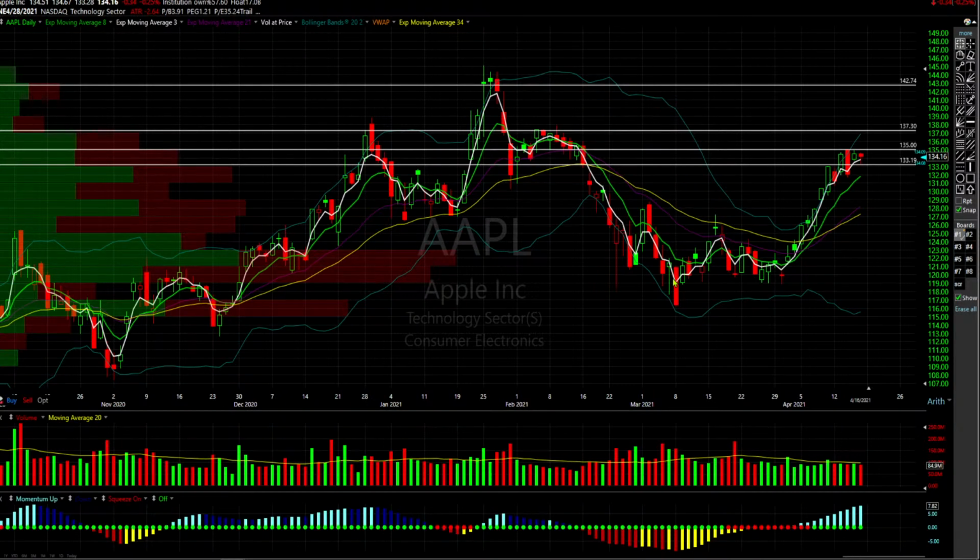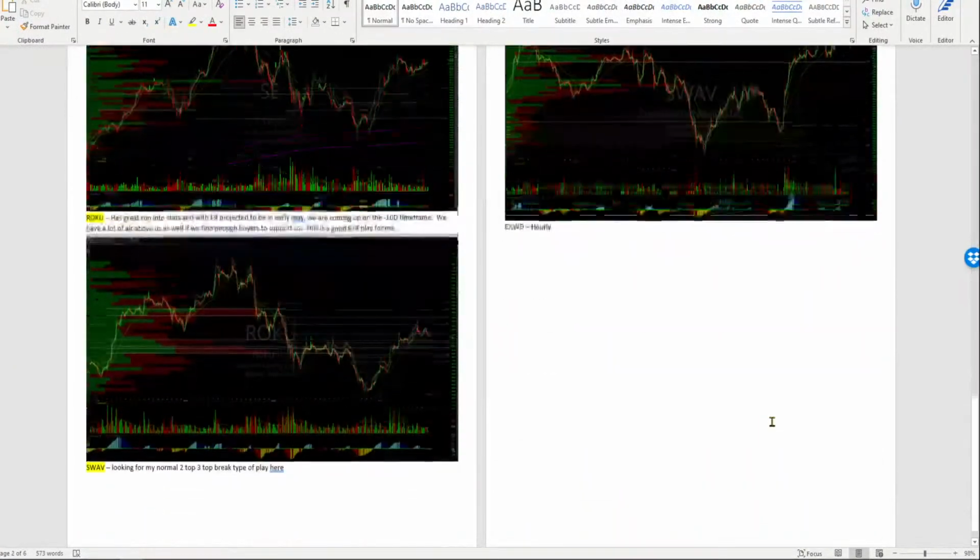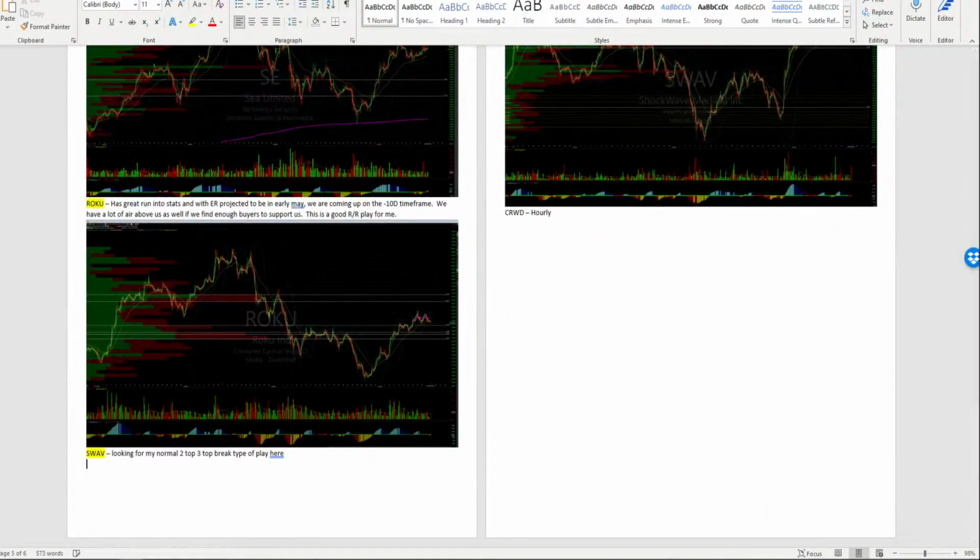So I'll include this on here, Lisa, for your idea. I like it a lot. And the great thing about Apple is you can actually scalp options with it.